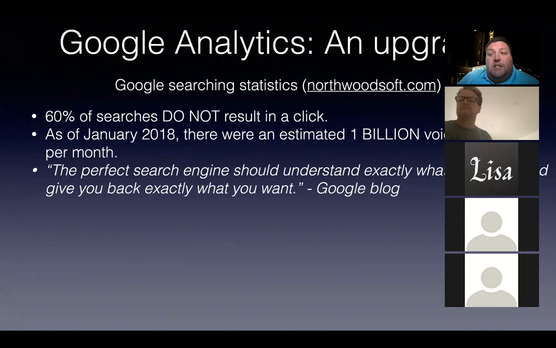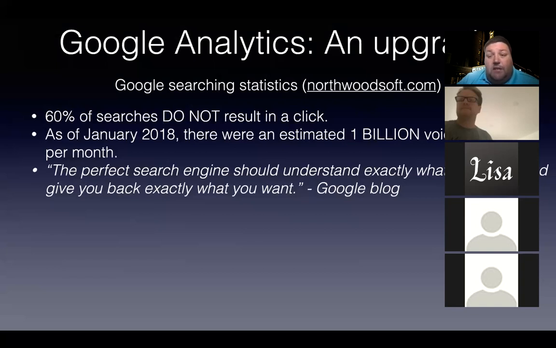So here are some statistics about searching on Google, and this really applies to website searching in general. 60% of searches do not result in a click, and that's even more the case now. With this next bullet point, it says, as of January 2018, there were an estimated 1 billion voice searches per month.